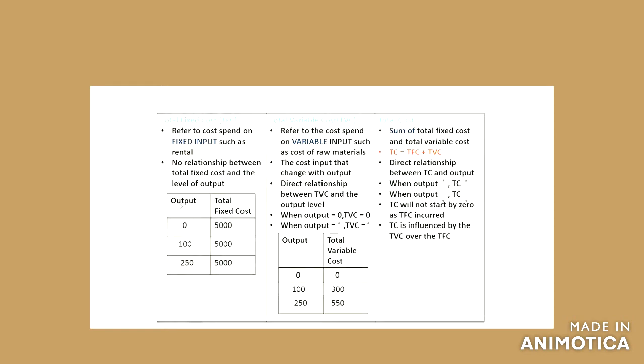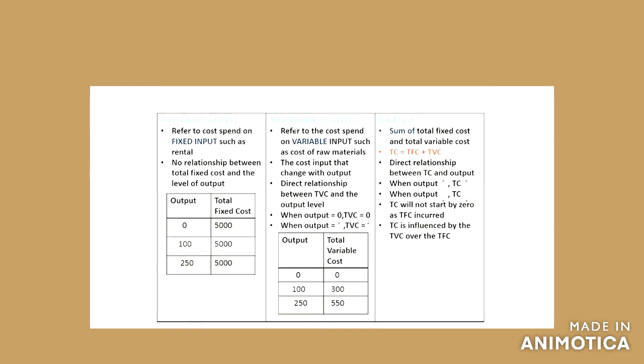So as we can see on the screen, whether the output increases or not, the total fixed cost is also the same. So for example, even though we increase to a higher level of output, the total fixed cost is still the same. It's still 5,000. So next is total variable cost.